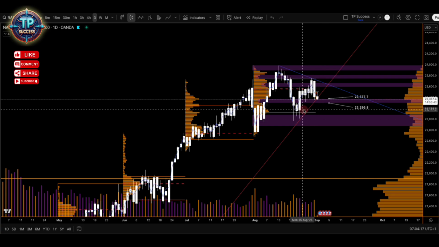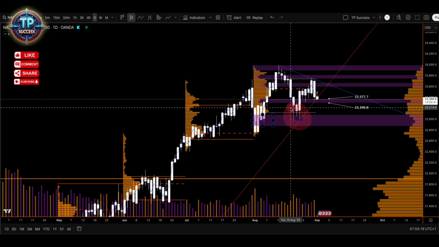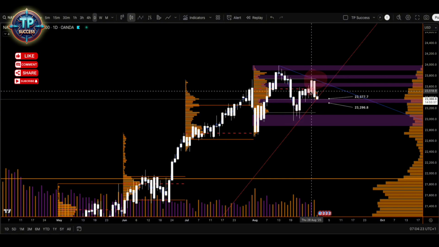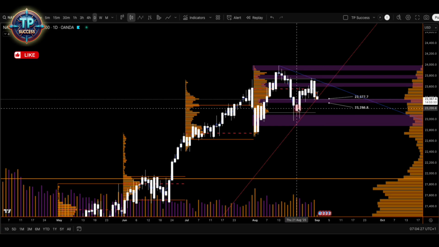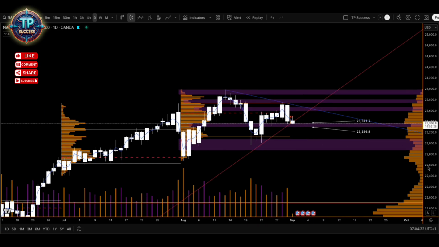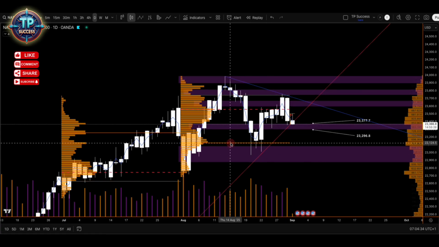So we don't have a confirmation that price wants to go down, and we don't have a confirmation that price wants to go up. What we do have is price dancing in the middle, and it has created this ascending channel.